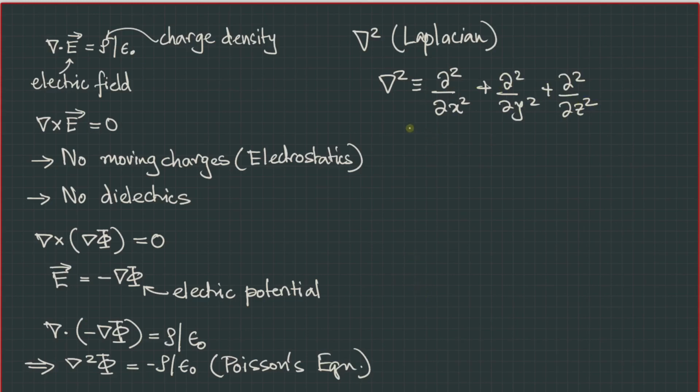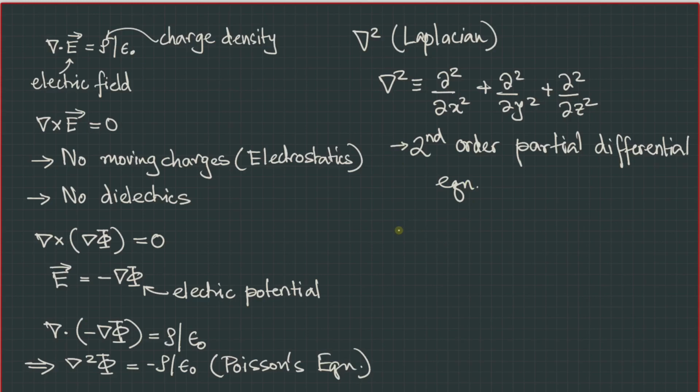And this actually tells us why Poisson's equation is a second order partial differential equation, and it also shows that analytically it is not easy to solve.